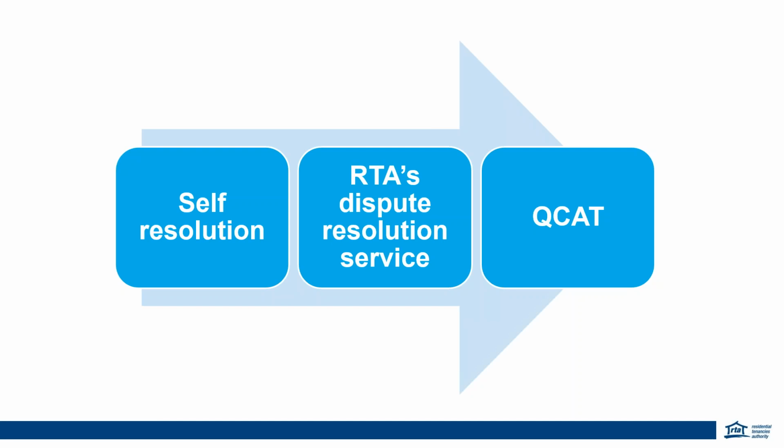If it's not resolved between the tenant and the landlord or agent, tenants can apply for the RTA's free dispute resolution service. If it's still not resolved, then the matter can progress through to the tribunal, and that's an application for adjudication.